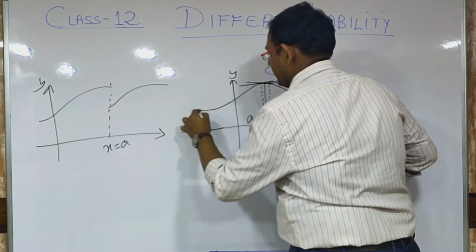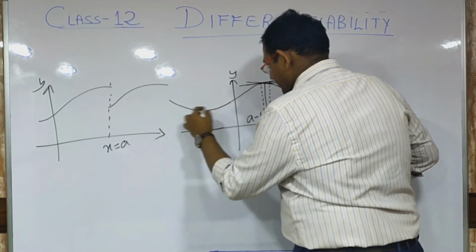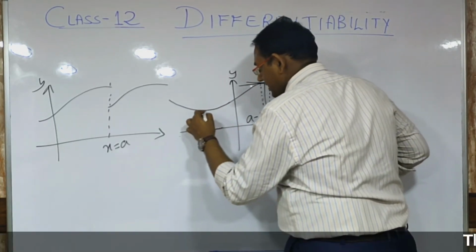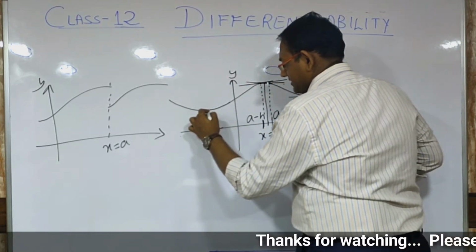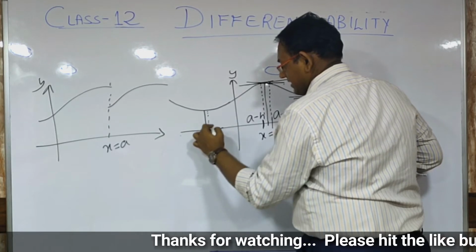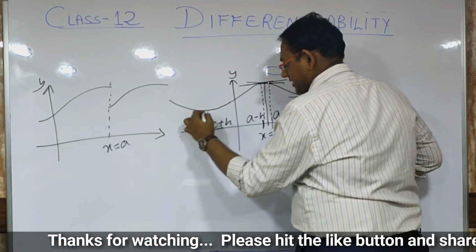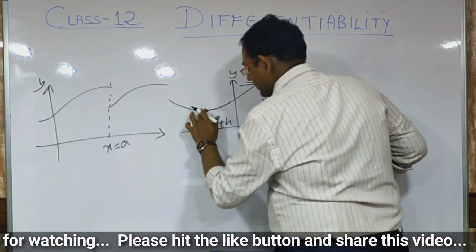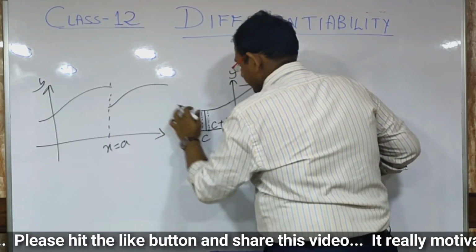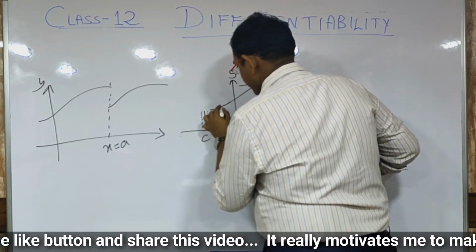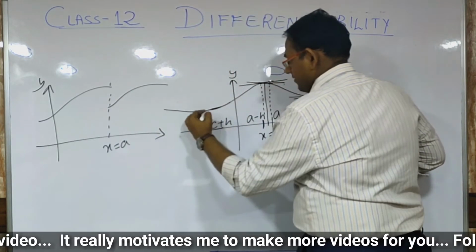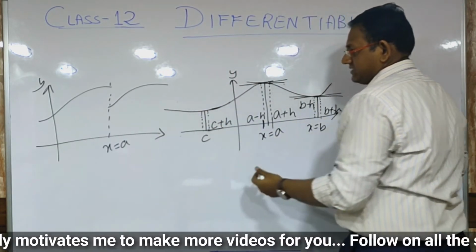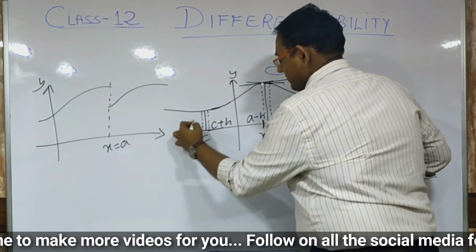But let me consider one more point. Suppose we are taking this curve like this. Here we consider the point C. A point just after it is C plus h, and a point just before it is C minus h.